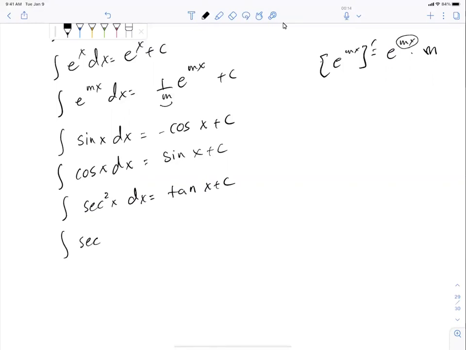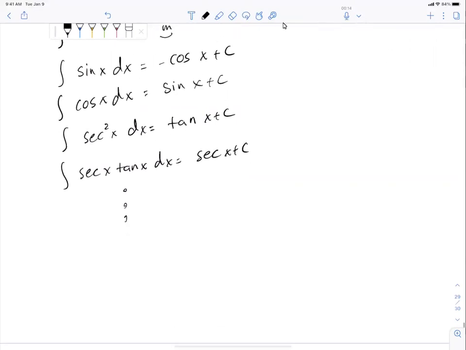The antiderivative of the secant tangent combination is secant. And so on and so forth. There are a lot of these. One of my favorites is the antiderivative of 1/(1 plus x squared), which is tan inverse, arctangent. I think we proved the derivative of arctangent is 1/(1 plus x squared). We used techniques in Math 1A to show that.